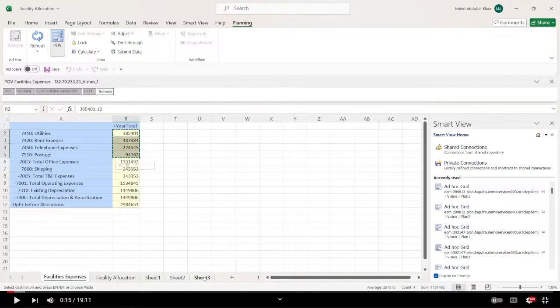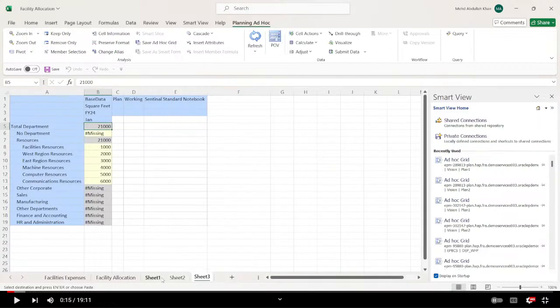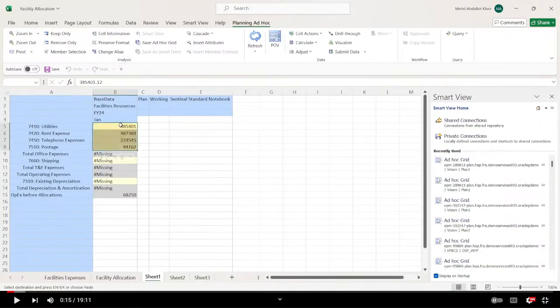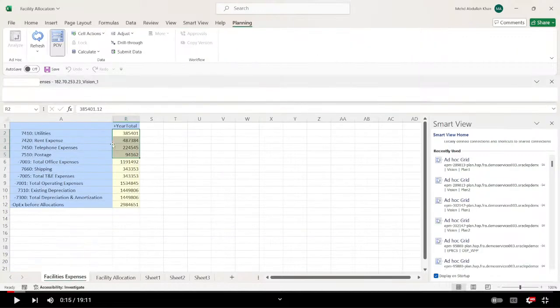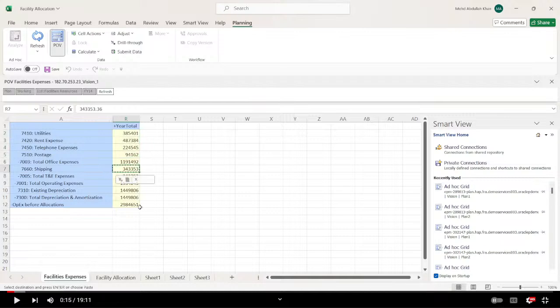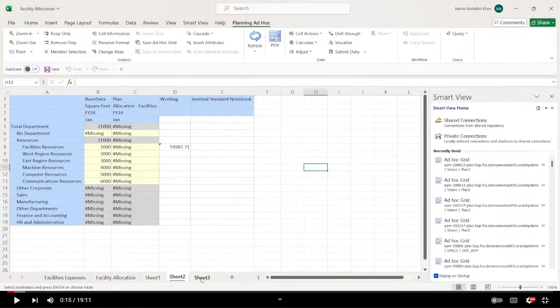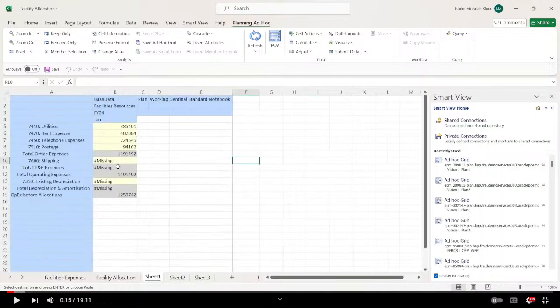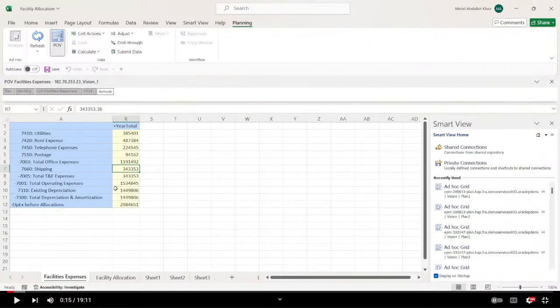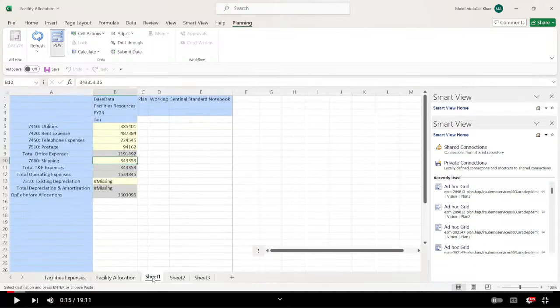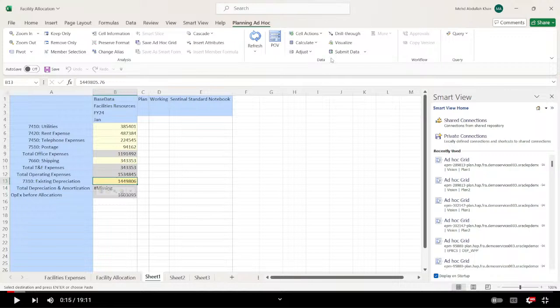I have copied with control C. Let me give the input, submit data, then control V. This is my sheet for inputs again, and existing depreciation I would give as 149. Submit data.